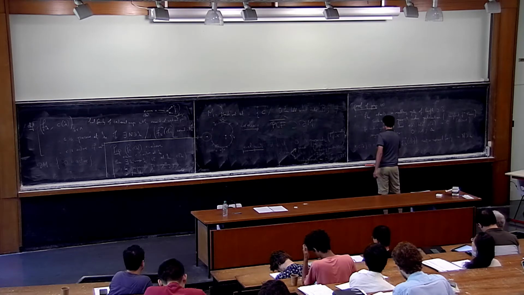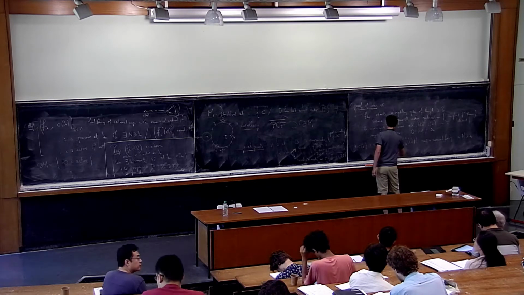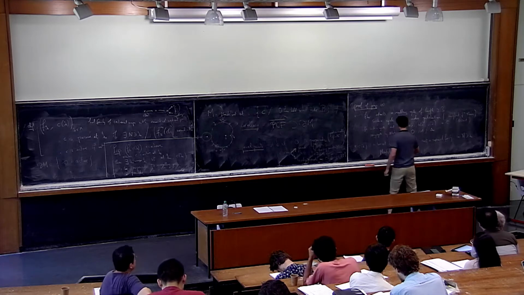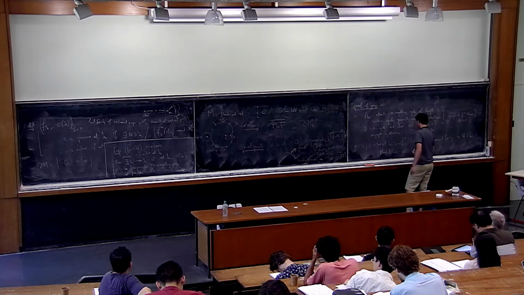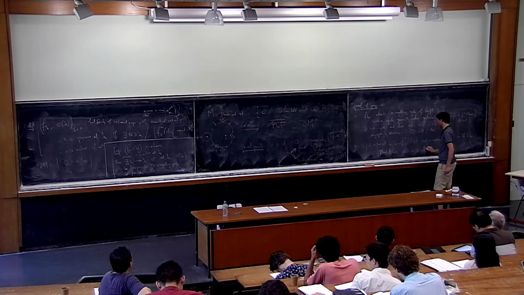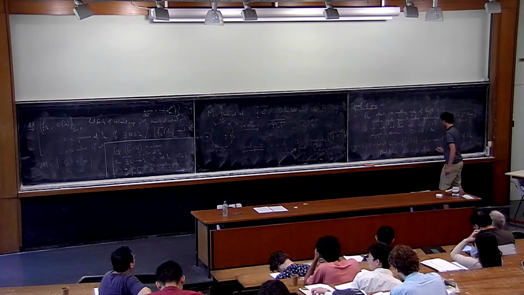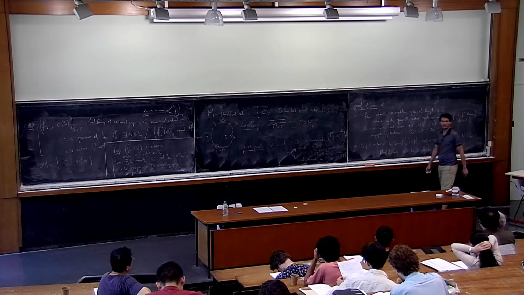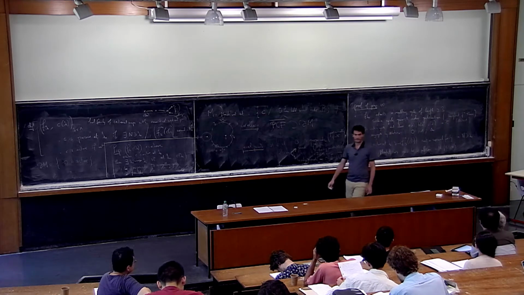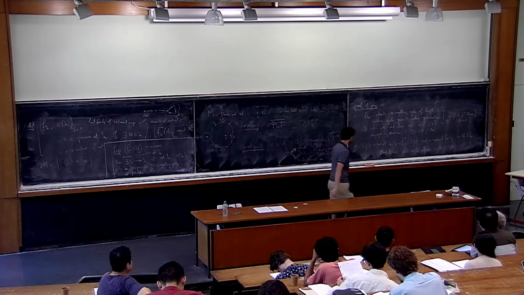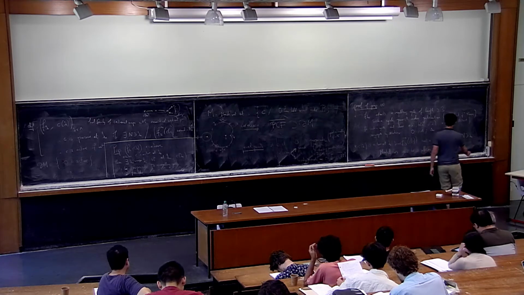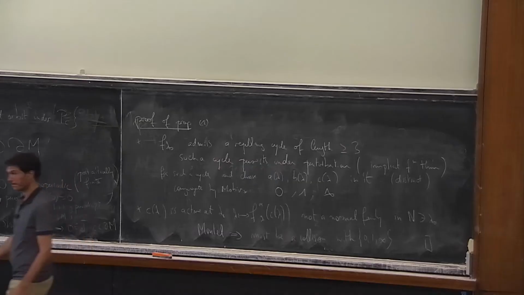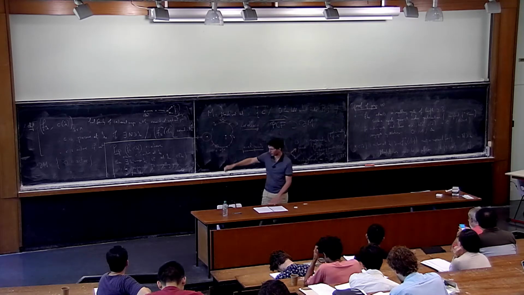So Montel implies that there must be a collision with the set 0, 1, and infinity. Okay? And that's the end of the proof, because these points, 0, 1, and infinity, are periodic and repelling. So that's the end of step 1.